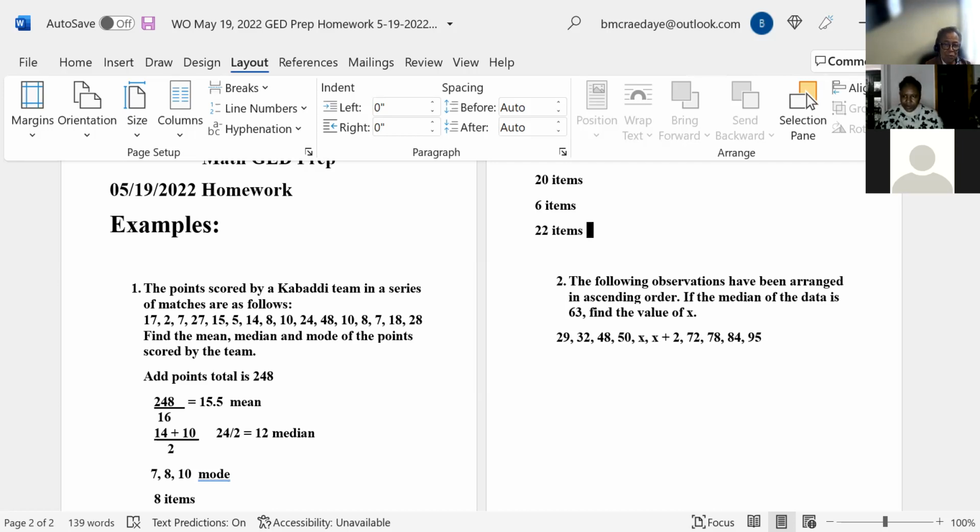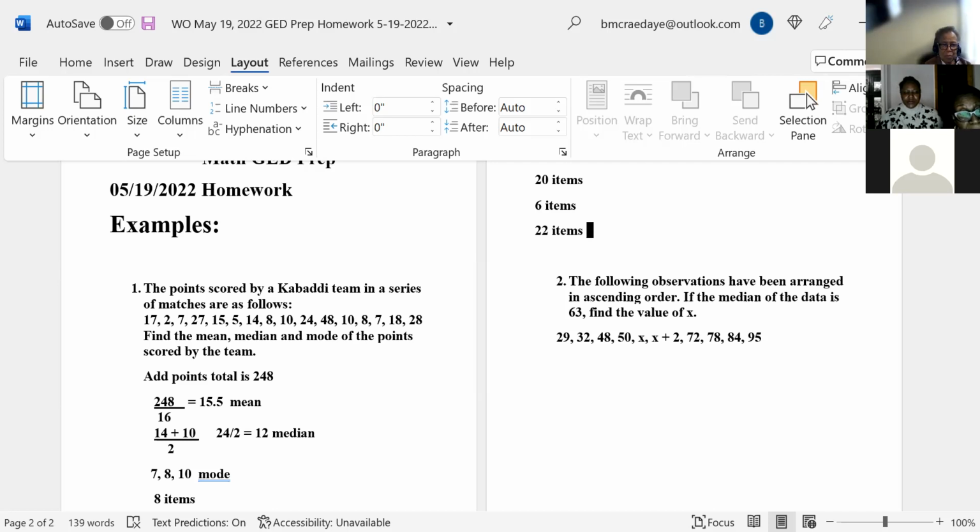Alva, read number 2. Okay, let's see. The following observations have been arranged in ascending order.